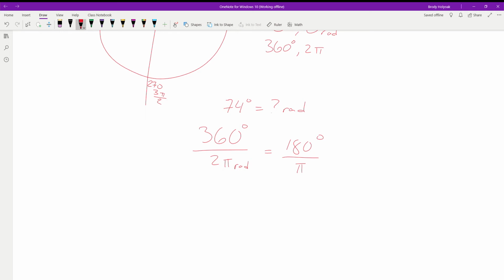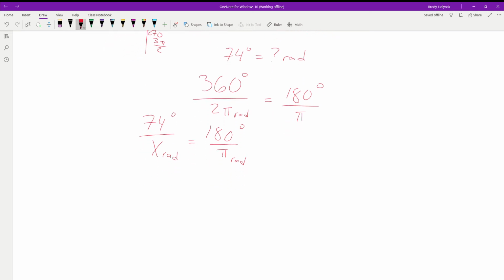So if we're wanting to go from degrees to radians, we have 74 degrees is X number of radians. Our conversion is 180 degrees over pi radians. Okay? So now we just solve for our X number of radians.